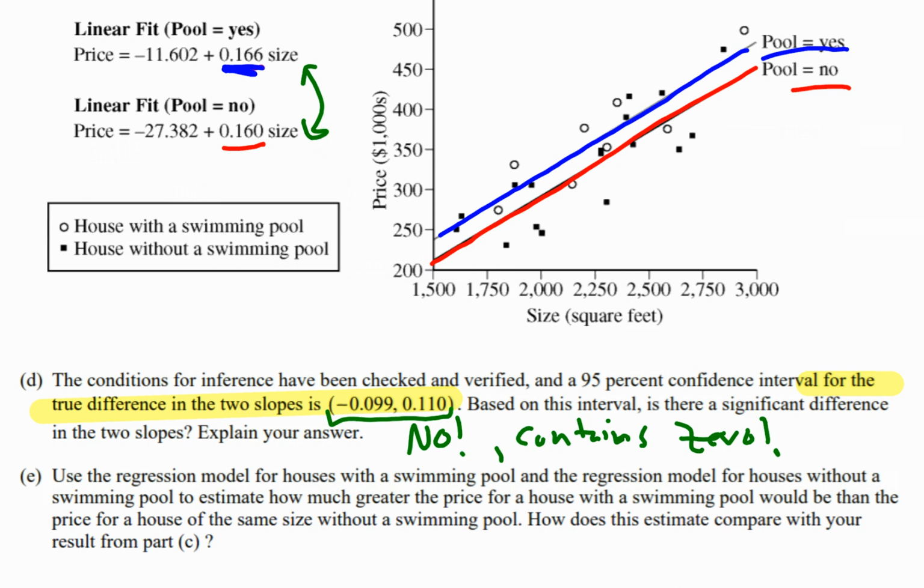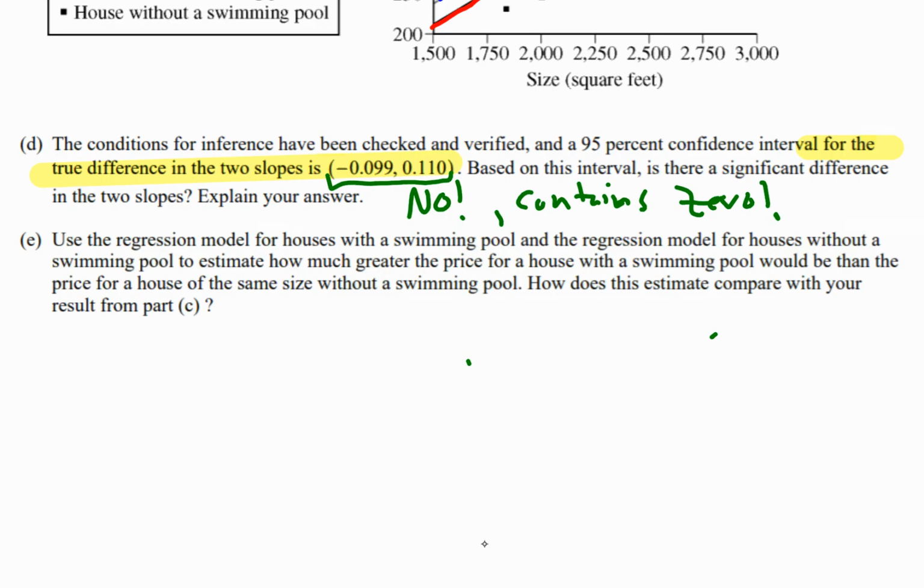All right. So then finally it says use the regression model for the houses without a swimming pool to estimate how much greater the price for a house with a swimming pool would be. How does your estimate compare with the result from part C?